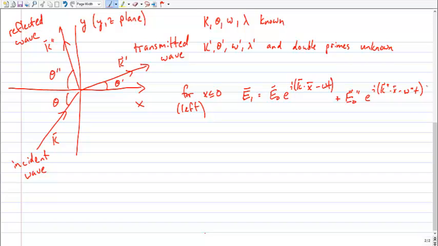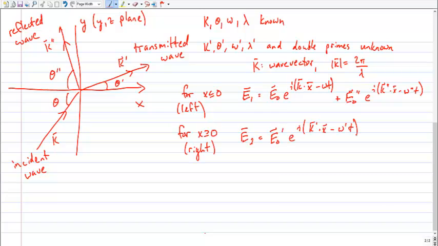And let me remind you that that K vector is the wave vector. The wave vector tells you 2 things. 1, it points in the direction of propagation, and 2, its magnitude is 2 pi over the wavelength of your wave. Okay, and on the right-hand side of that interface, we have a field composed of just 1 wave.